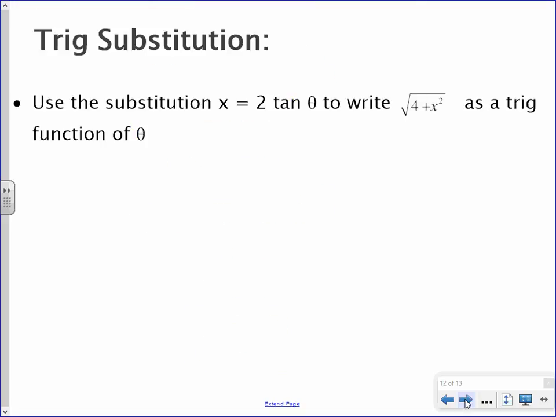So this is what I need you to write down. Write down that x equals 2 tangent theta. And then write radical 4 plus x squared.